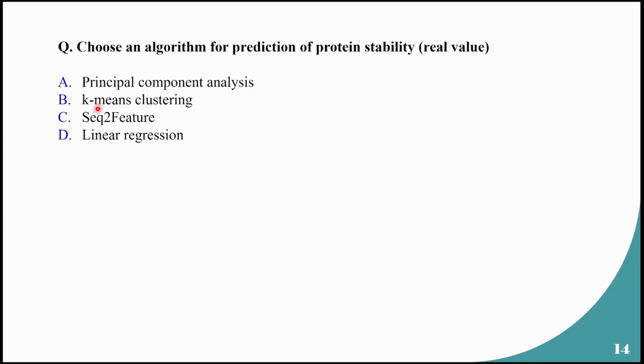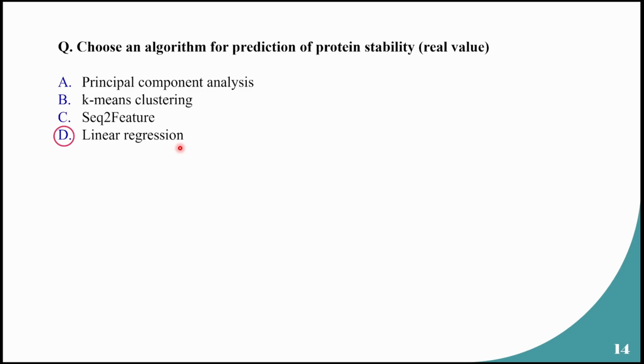So the proper model in this case would be linear regression. Okay. So in linear regression, you have one dependent variable and multiple independent variables, and you want to predict the dependent variable from the available independent variables. So you build a model that can do exactly that. In this particular case, your protein stability will be the dependent variable, and the independent variables can be n number of features, n number of parameters.